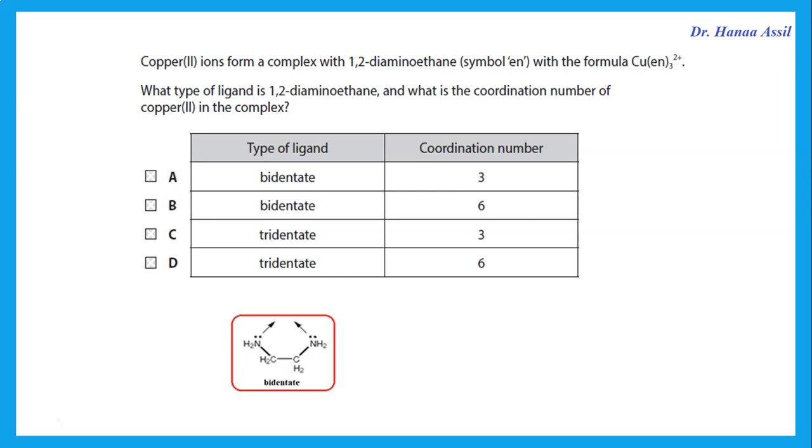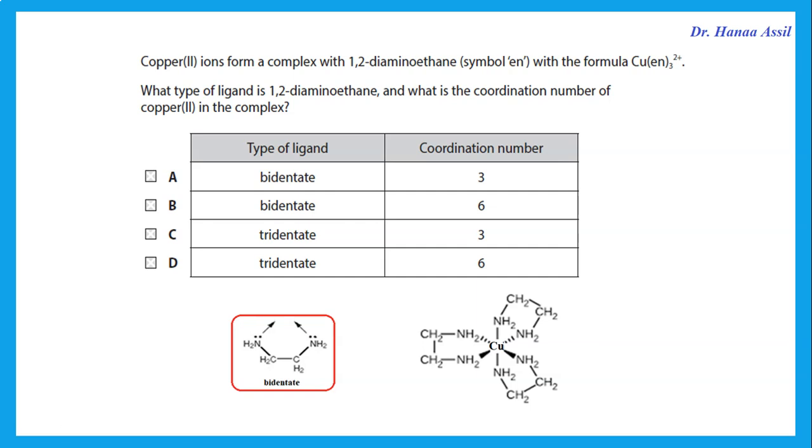So we said this type of ligand is bidentate. We have 2 nitrogen atoms on both ends, so each of them has lone pair of electrons that can form a dative bond. So this is bidentate.